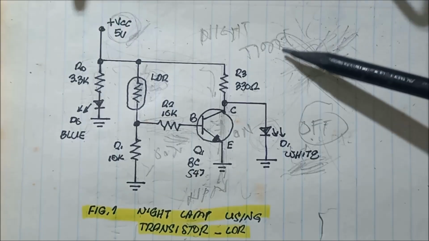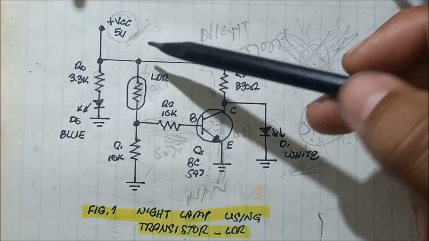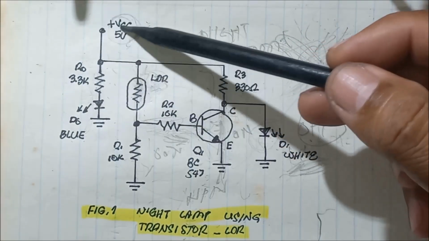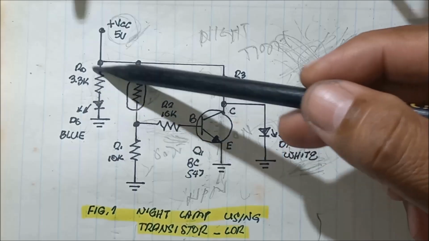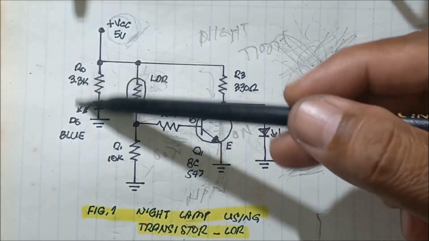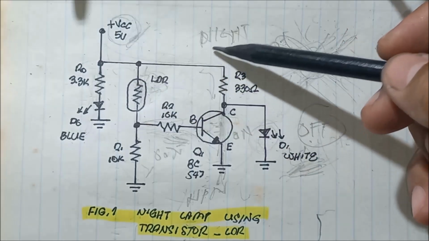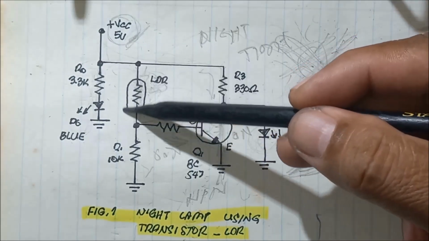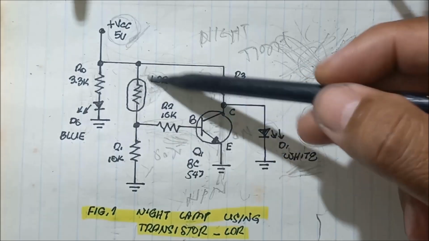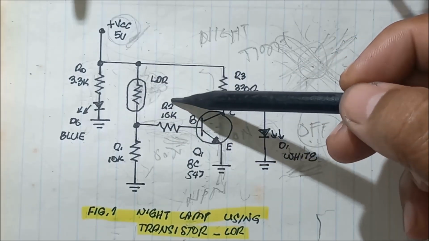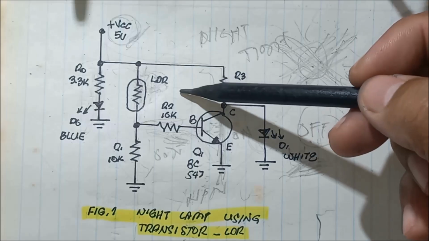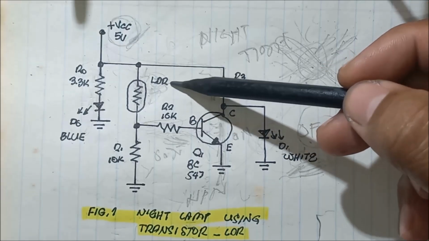Because there is no light, this 5 volts can still supply voltage and current to the power LED, which still turns on. But since there is no light, what is the effect of darkness on the light dependent resistor?